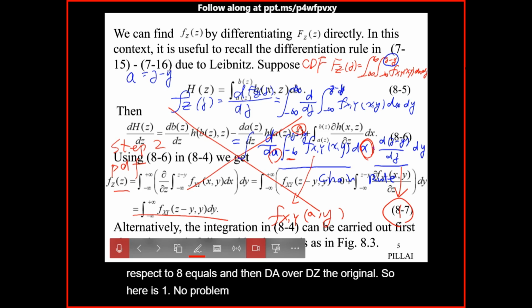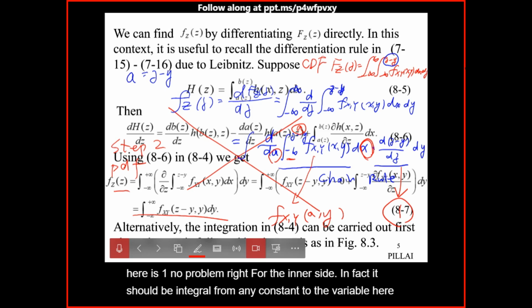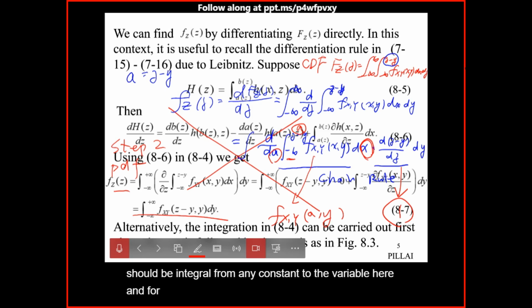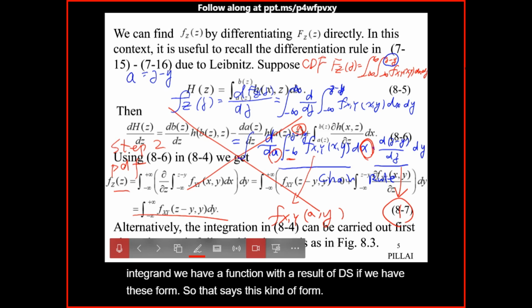For the inner side, in fact, it should be an integral from any constant to the variable here. And for the integrand, we have a function with respect to dx. If we have this form, so that says this kind of form. How about this?